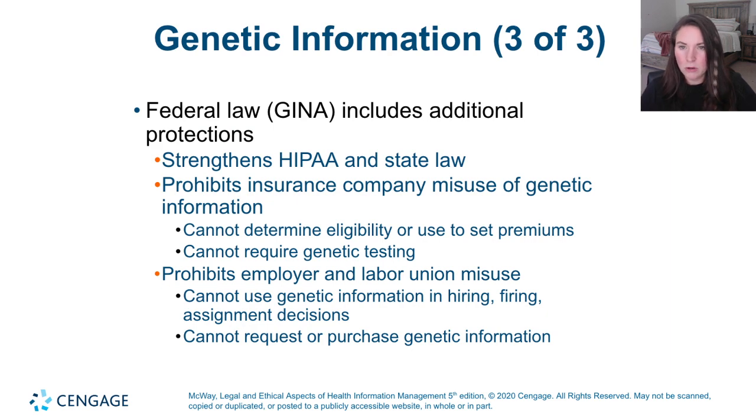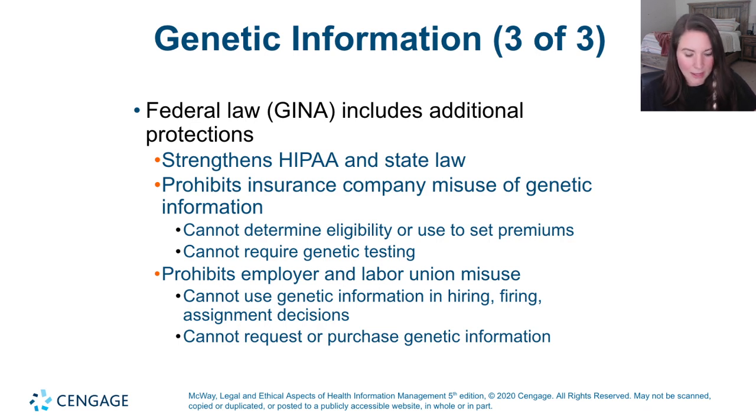All right, so because there was some misuse of this information going on, Congress passed the Genetic Information Non-Discrimination Act of 2008. So this strengthened the safeguards that HIPAA and state laws already had in place, specifically addressing employers and insurance companies, okay?